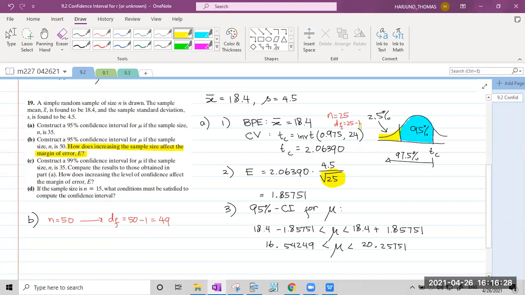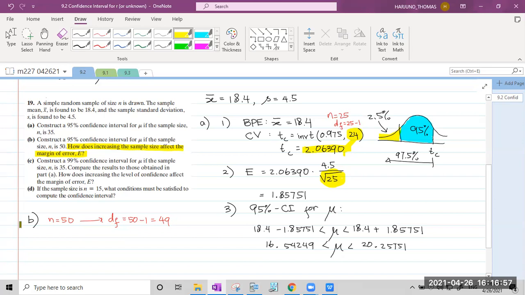Of course, the T critical will change because the critical value depends on the degree of freedom, which depends on the sample size. But you will divide by square root of a larger number. So we expect the margin of error to become smaller.